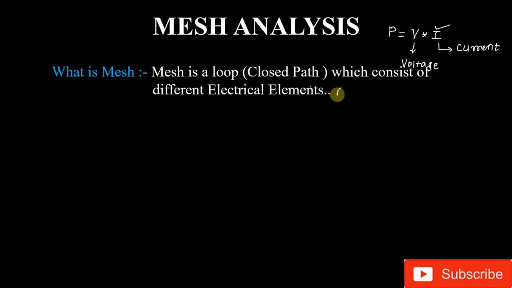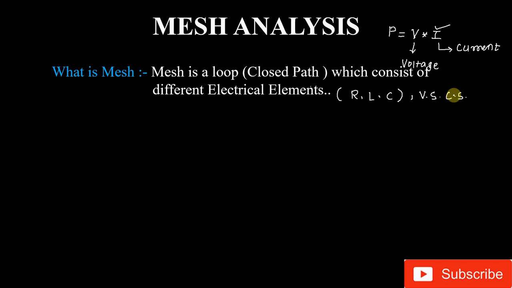We know that we have three types of elements: R, the resistance; L, the inductor; and C, the capacitor. And the circuit also consists of voltage sources and current sources.